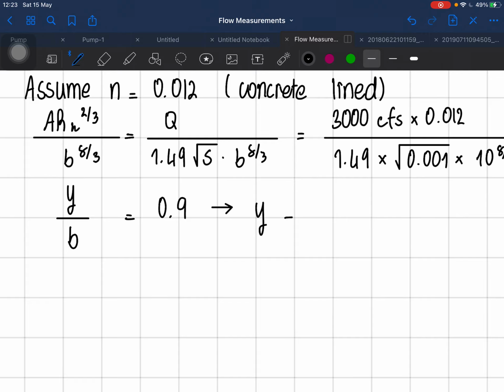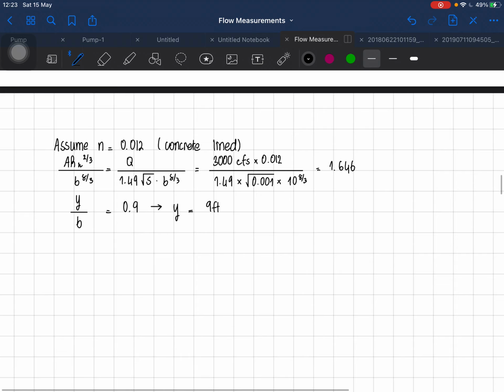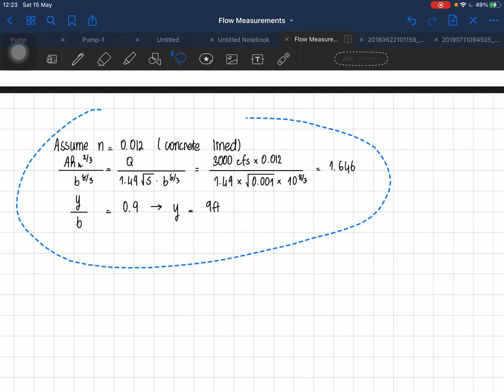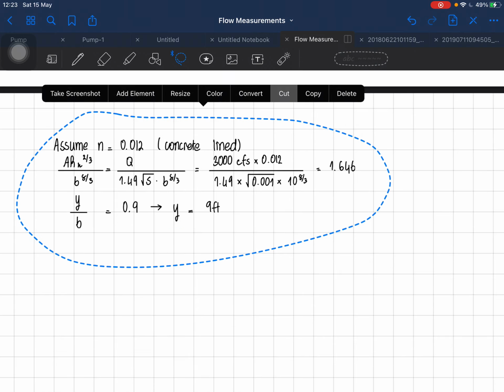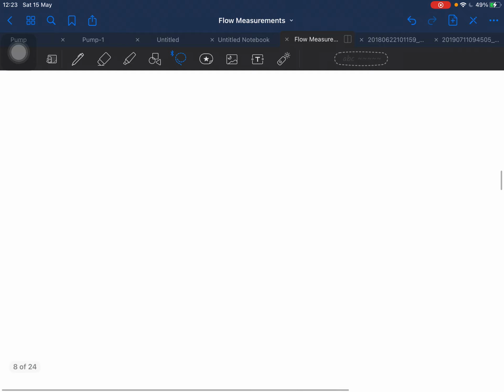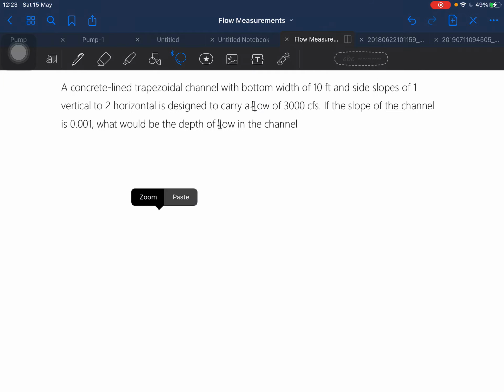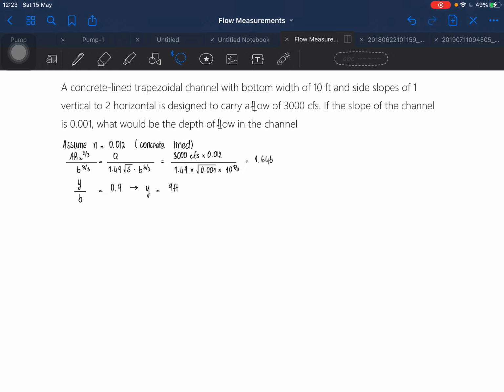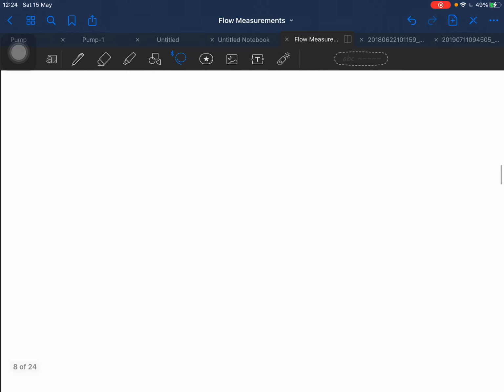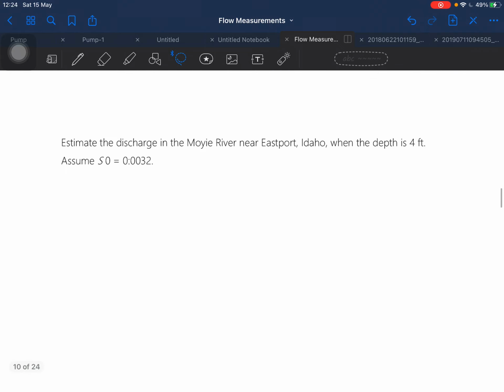So y equals 9 feet. That's it. Cut, and paste it here. Okay, so now we are going so fast. Let's move on to the next example.